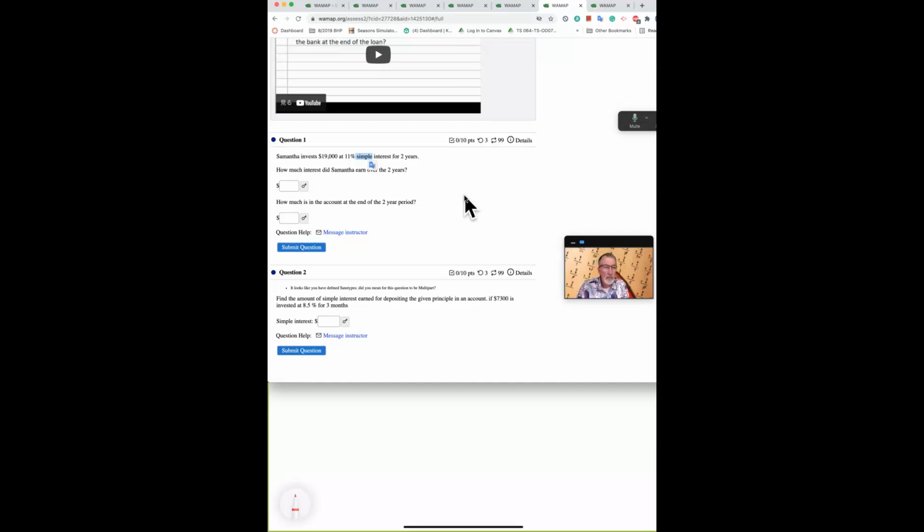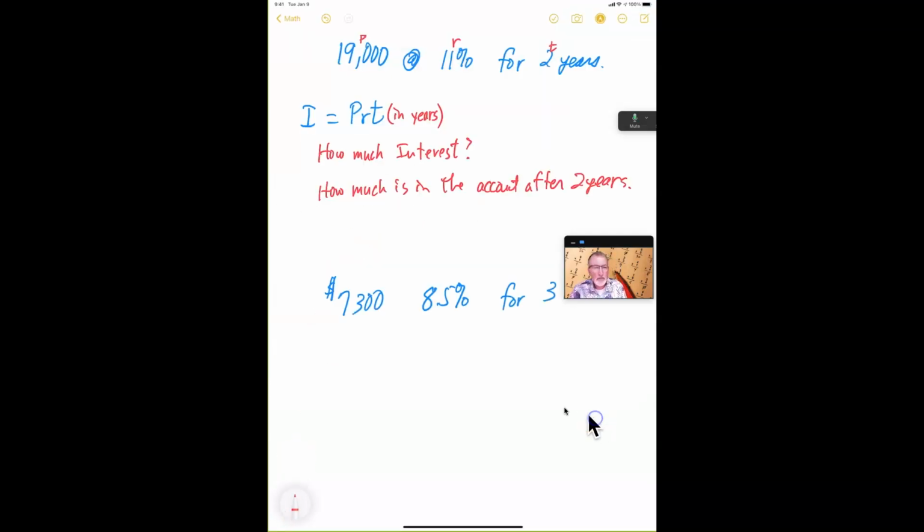So we are looking for how much interest? And the other question is, how much is in the account after 2 years? Okay, I'm going to pause for 1 second. Here's the tablet.